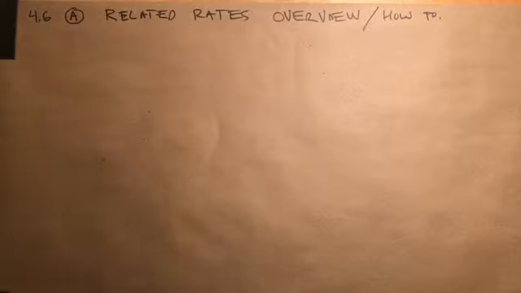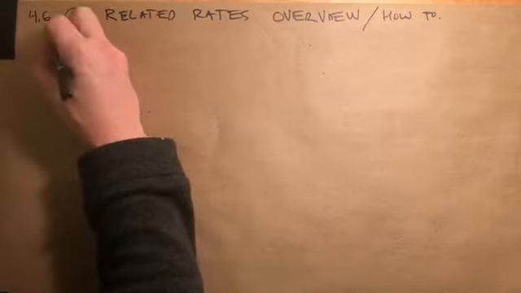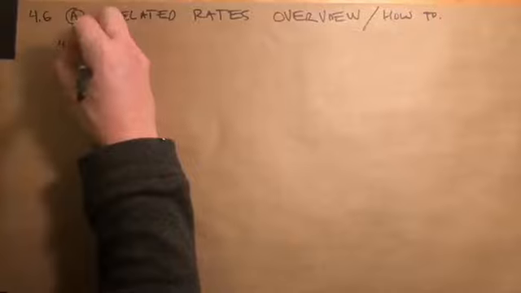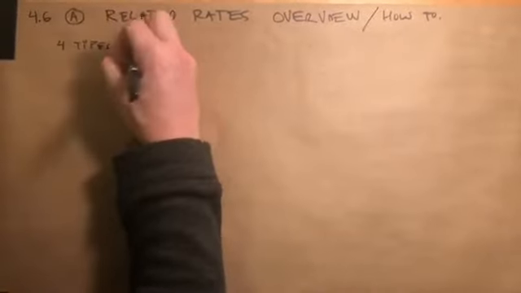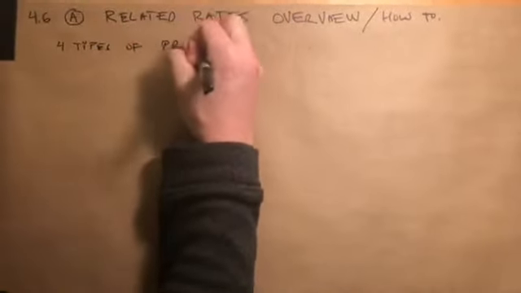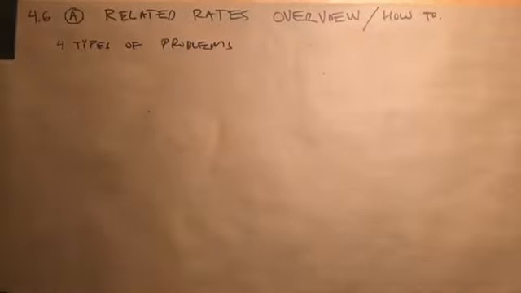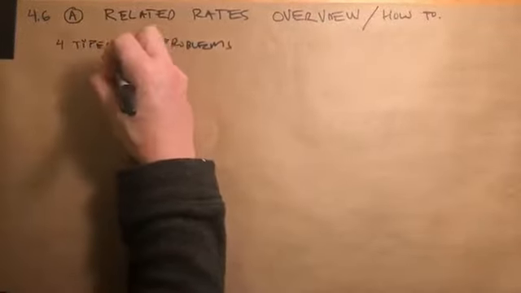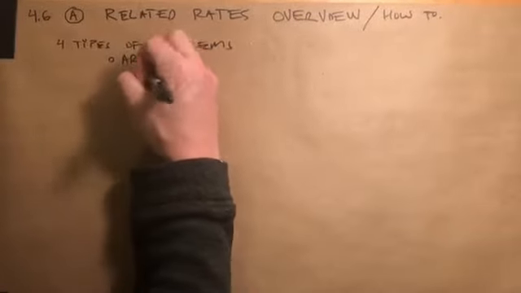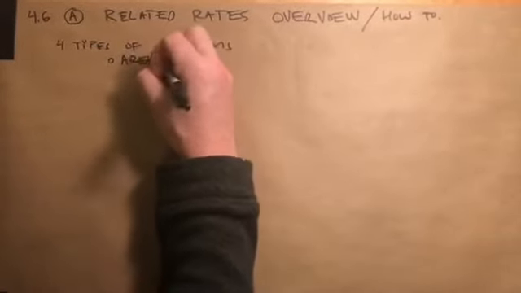So I guess we should probably say that before we start, there are really four different types that we're going to encounter here at the University of Michigan. And we can say that one type is going to be some area or some volume type problem.